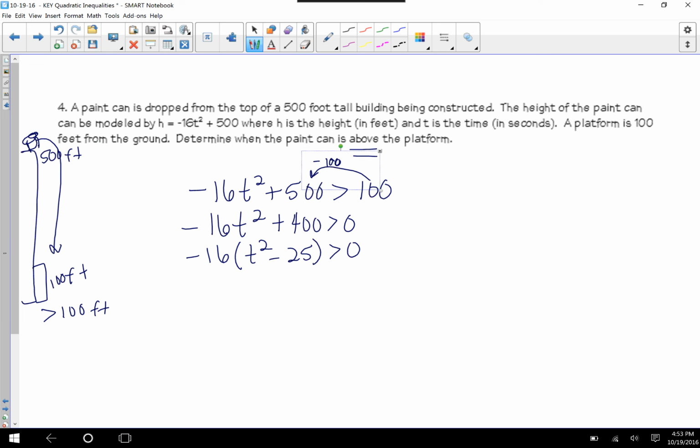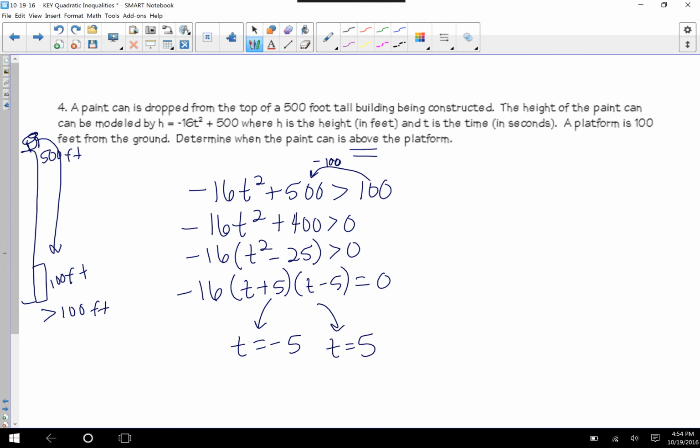Alarm's going off: t squared minus 25 is a difference of squares. So that's going to factor into t plus 5, t minus 5. I'm going to set it equal to 0 so I can take these factors and solve. What I get is t equals negative 5 and t equals positive 5.